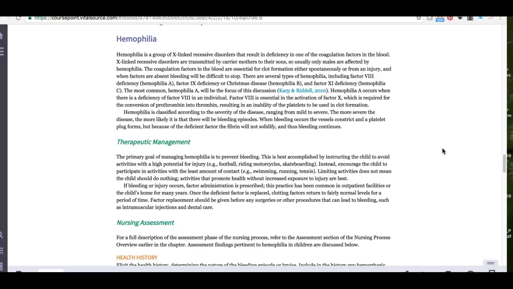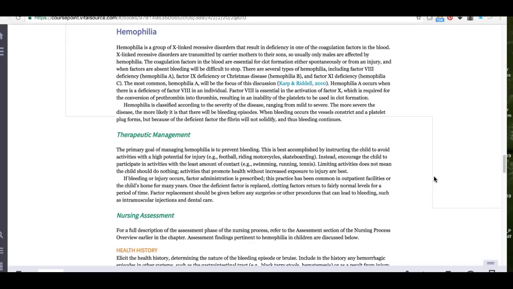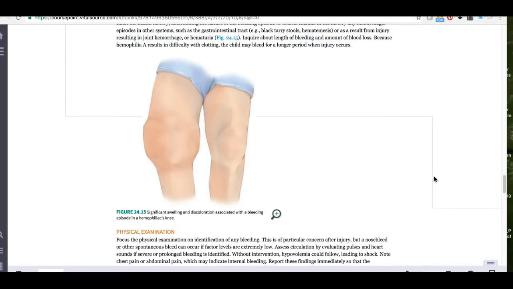Once parents see that, a lot of times they have the factor that they can administer, but if they have something bigger, they're going to end up in the emergency department getting factor VIII or whatever factor they're deficient in. As you can imagine, there are lots of safety concerns with a child with hemophilia. There's a big knee.